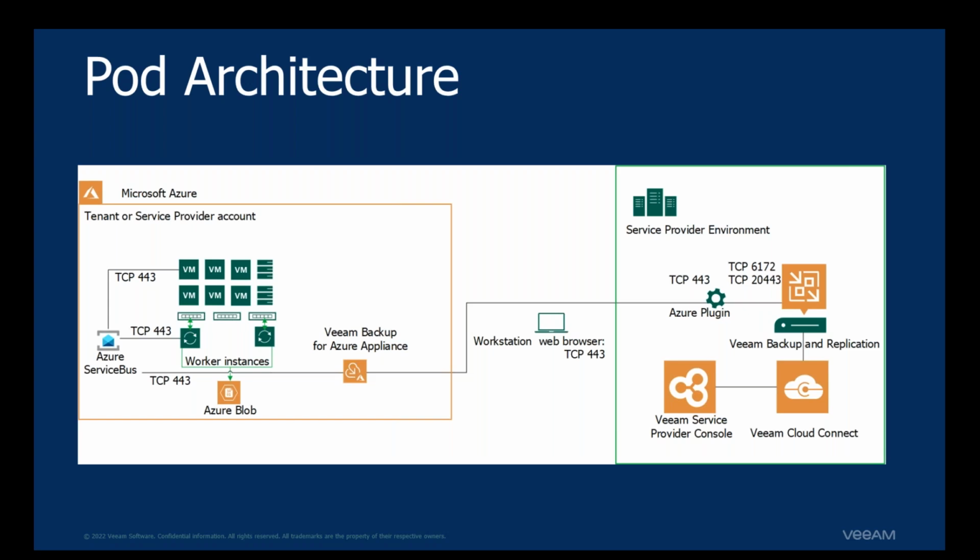What I'm showing here also is just the management side of things. You don't see, well, there's Azure Blob, but we're not going into detail about what's happening with the storage and how to replicate or restore anything. It's just a matter of how to manage this environment. And you see, of course, the Veeam Service Provider console, which allows you to manage not only on-premises workloads, but also public cloud, Microsoft 365.